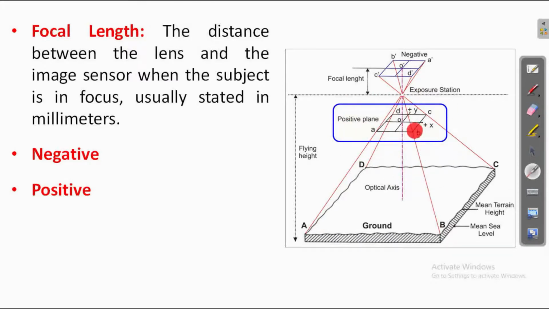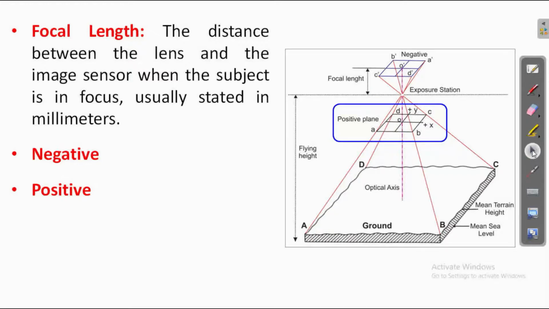So here B on the positive plane has its opposite B dash in the negative plane. So negative is the mirror image of positive. Here is the A and here is the A dash in negative. Here is the C and here is the C dash in negative. Means negative is the mirror of positive.